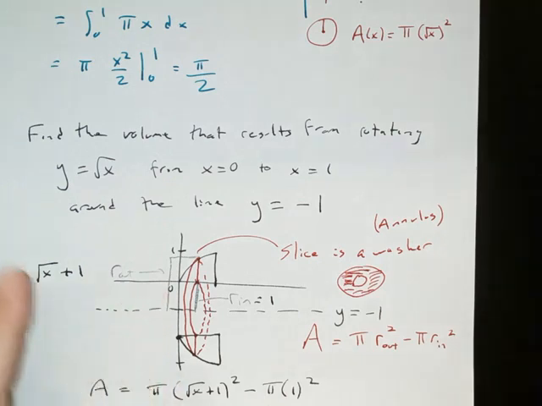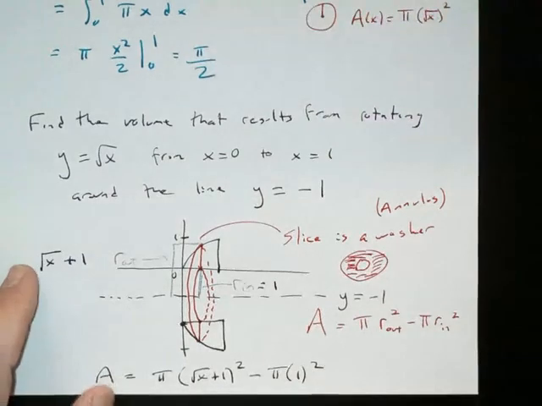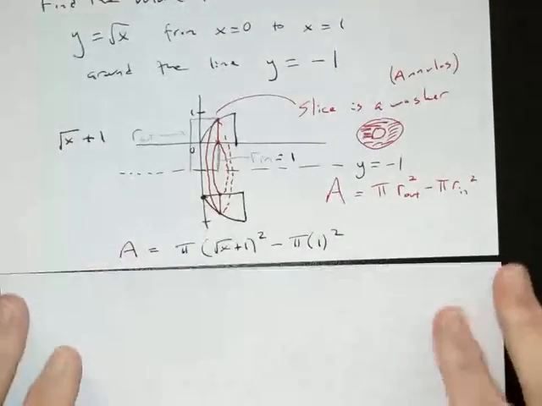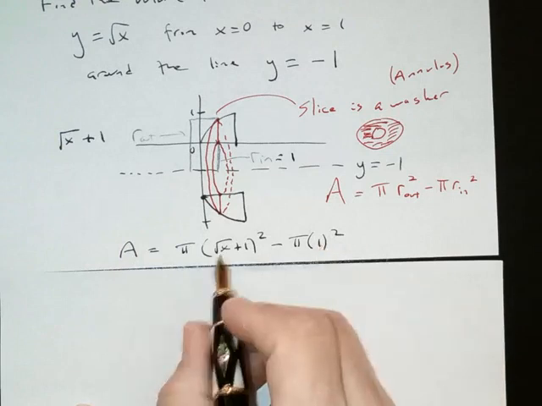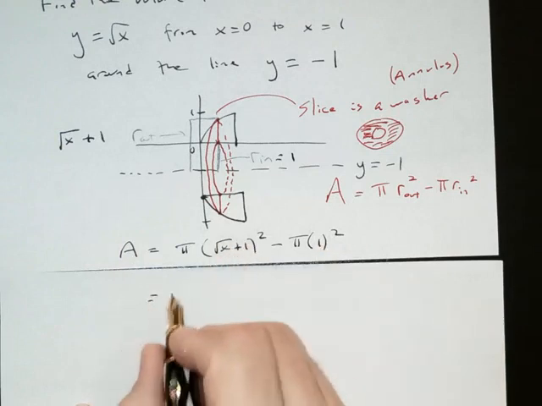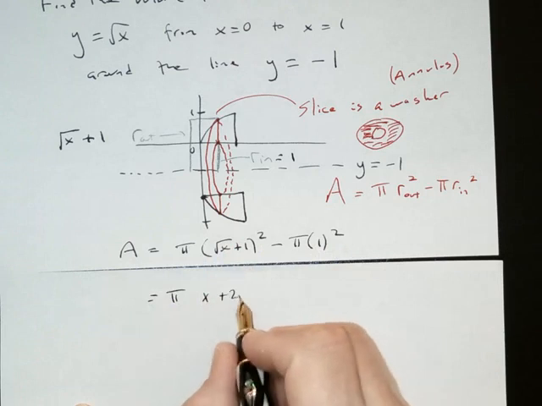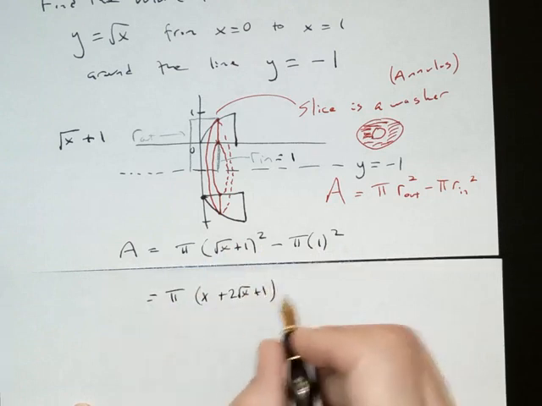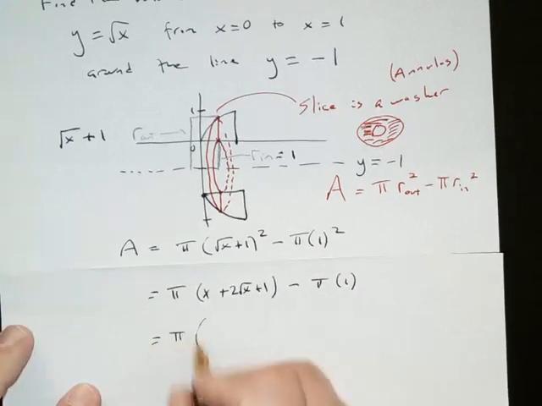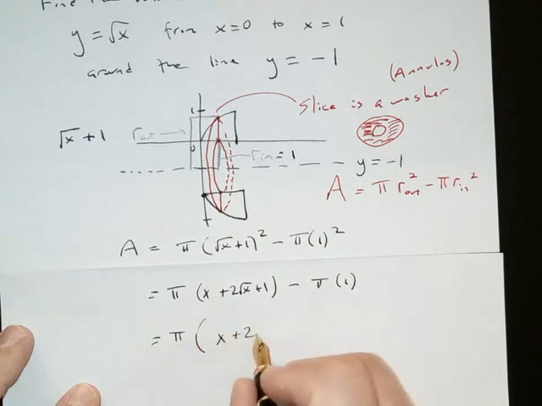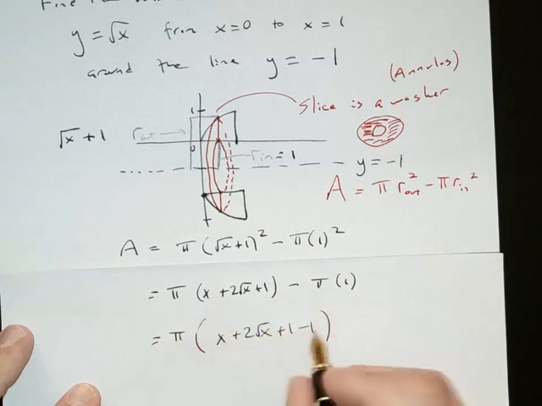The best part about this is we can still do this calculation. This integral is not all that much harder as long as I do the algebra correctly. Because what I have to do is I have to square this out. And this one's easy, but this one, I have to remember to FOIL it out. So I get x plus 2 root x plus 1 minus 1. I'm going to factor the pi out of this whole thing. And these two cancel.